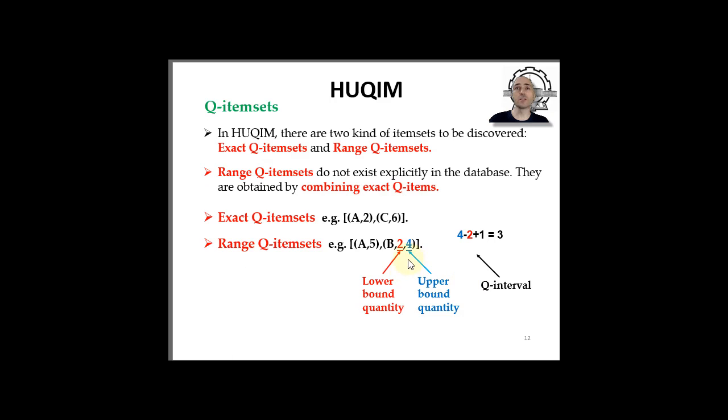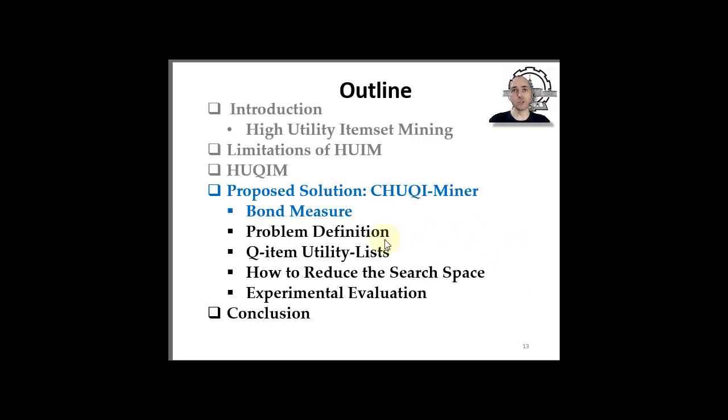One thing that is interesting to say: we can find the item set with a range for the quantities, like B with 2 to 4 bread, with 5 apple. So we can have some intervals like this also for the quantities.